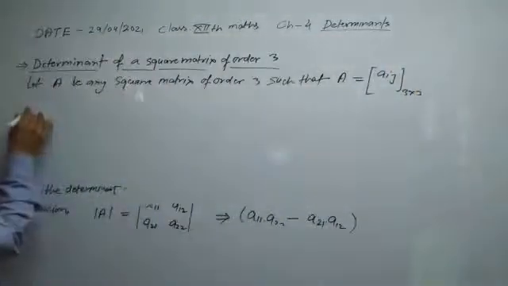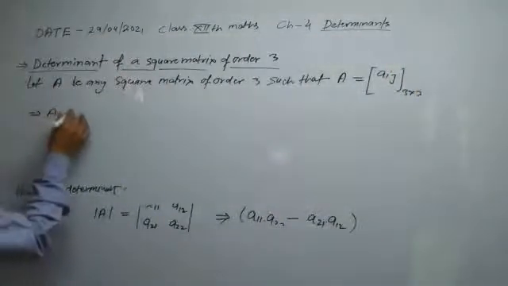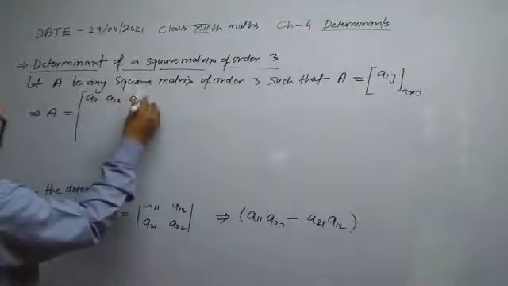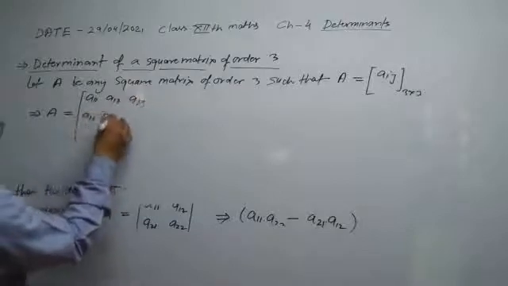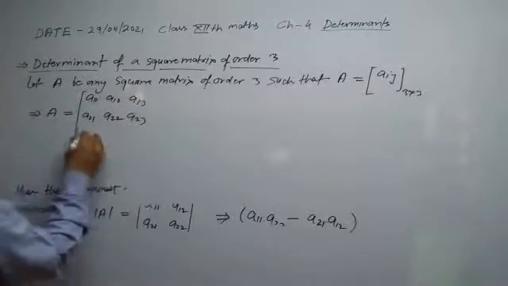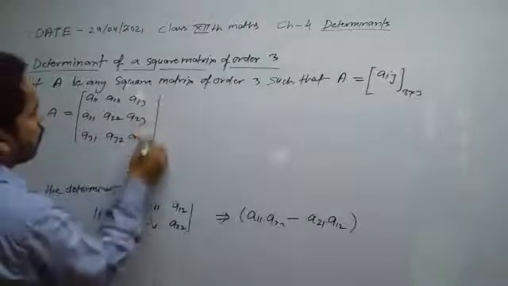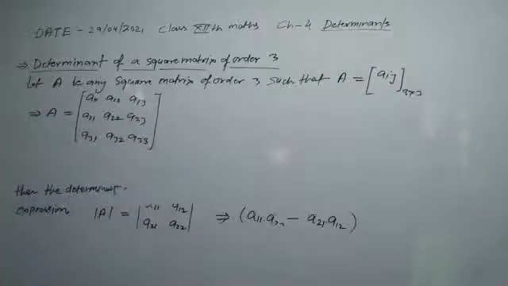This implies A is equal to A11, A12, A13, A21, A22, A23, A31, A32, A33. This is the matrix.